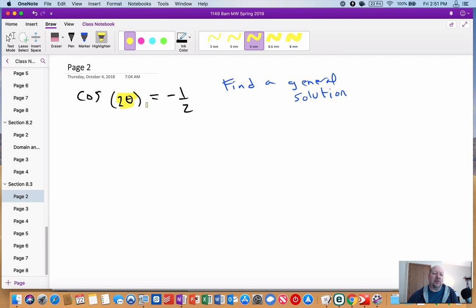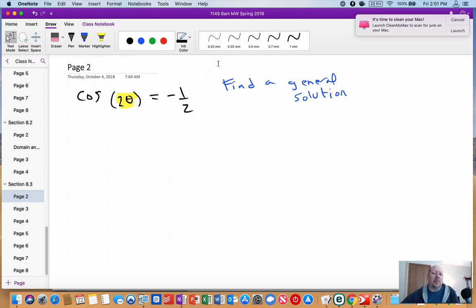It's cosine of 2 times theta, which means cosine of 2 times whatever theta is equal to negative 1/2. So just imagine, I can't do this here since I'm recording, but imagine you just put your hand over that 2 theta. And this is the cosine, and just say to yourself, the cosine of some angle is equal to negative 1/2.